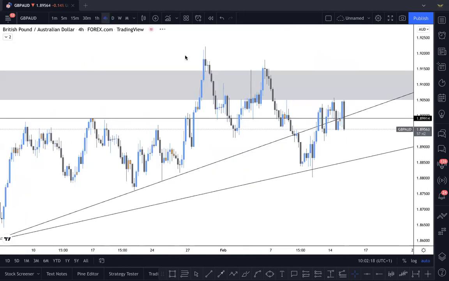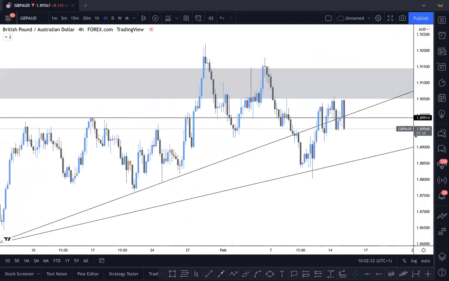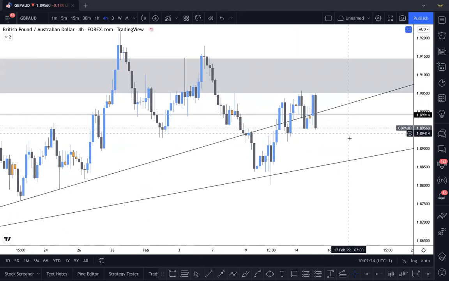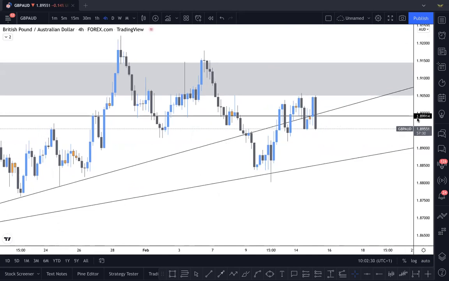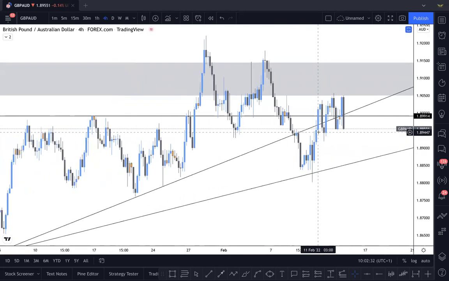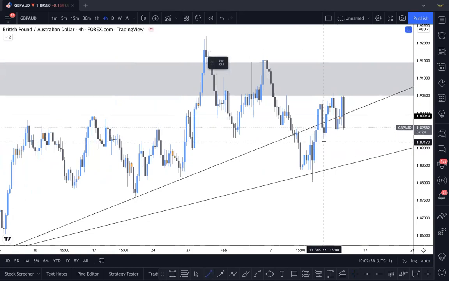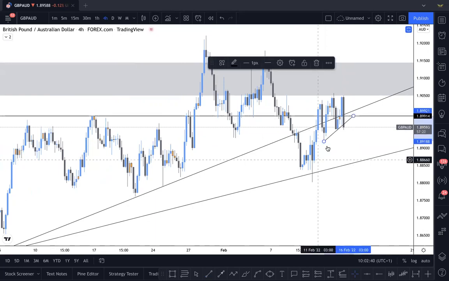So going down to 4 hours, we can see it's currently accumulating in this kind of range. We would like to have a clear sell pattern before we initiate our trade, right?